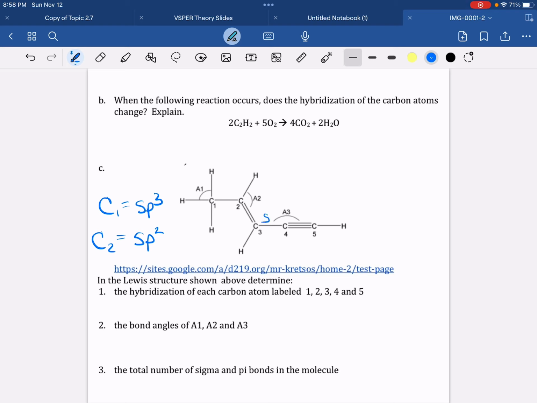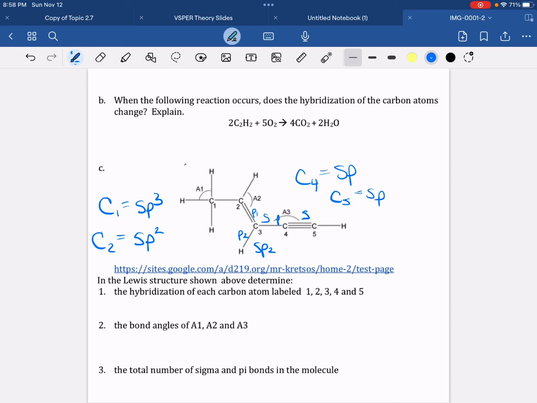C3, we have S, P1, and P2, sp2 hybridization. Then we have C4. C4 has S and it has a P over here. So it has sp hybridization. Same with C5.